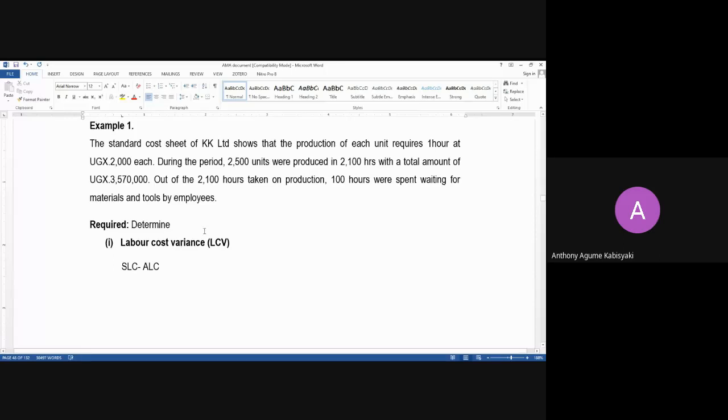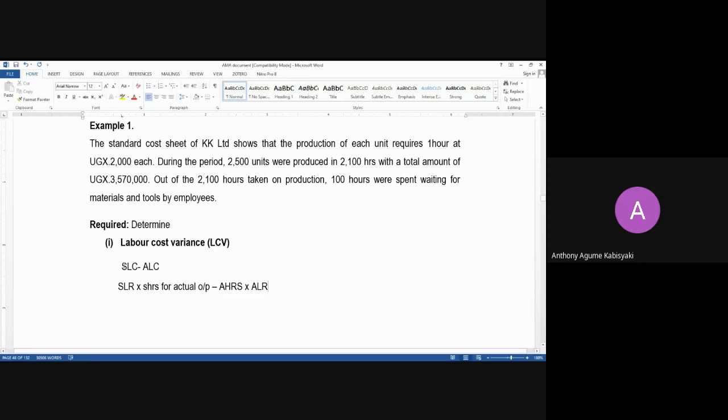Here they have given us hours, so I will need my standard labor rate multiplied by the standard hours for actual output. Then I subtract the actual hours times the actual labor rate.